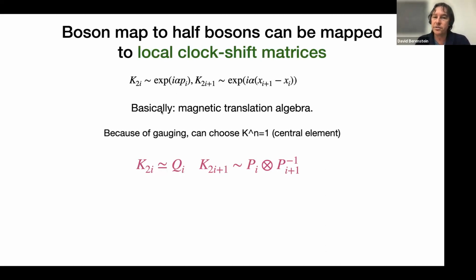Then because of the gauging, and because I chose k to the n equal 1, the central element, these become n by n matrices for each one of the p, x_i, and these are the usual 't Hooft matrices. So k_{2i} becomes q, and k_{2i+1} becomes the p times p inverse, because I have exponential to the i alpha x_{i+1} times exponential to the minus i alpha x_i. So the idea is that I went from this algebra to these objects that are more discrete and that look like spin objects, because now I have only n states per lattice site.